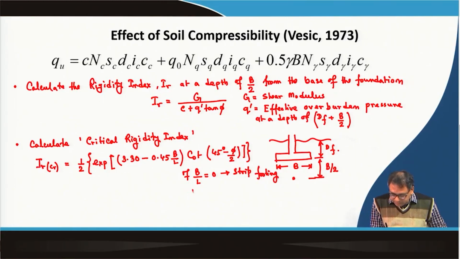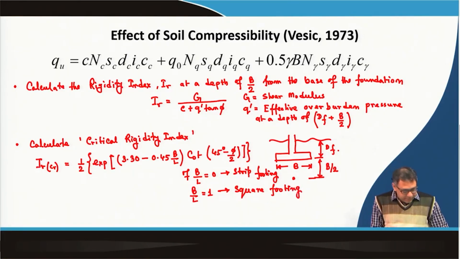And if B by L is equal to 1, then it is called a square footing. Now, if B by L is equal to 0, this part will be 0, and only 3.3 cot of 45 degrees minus phi by 2 will be within the exponential part.